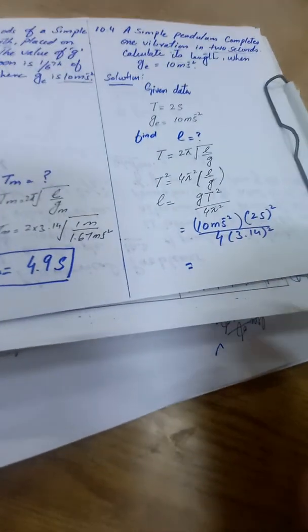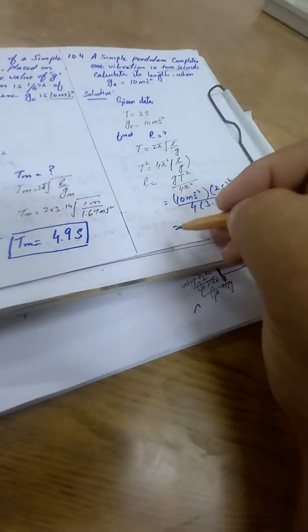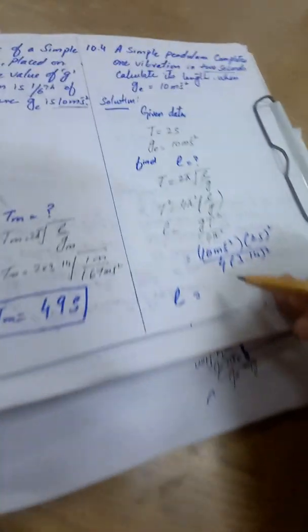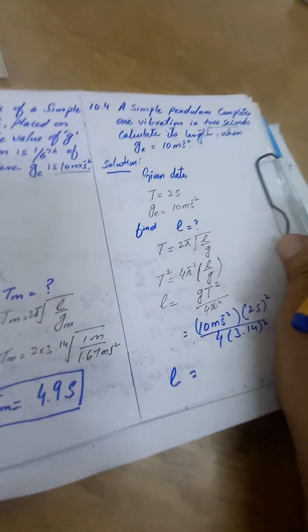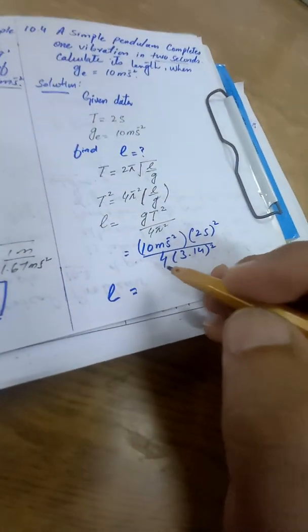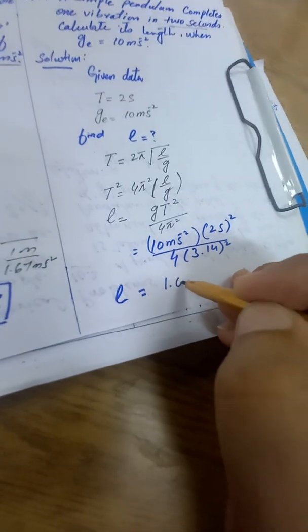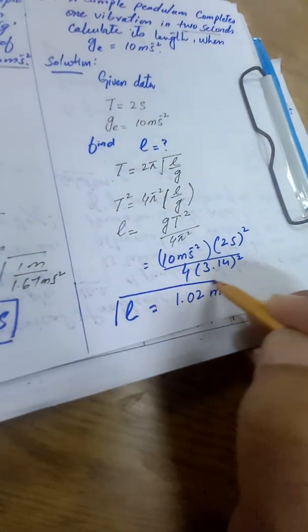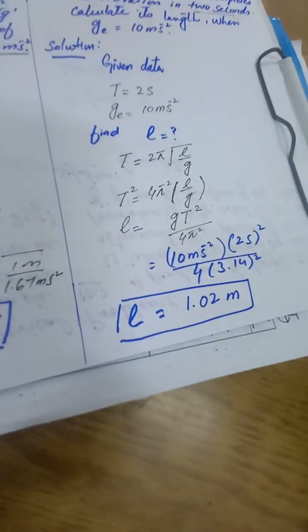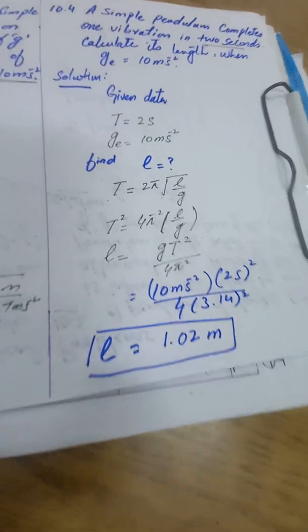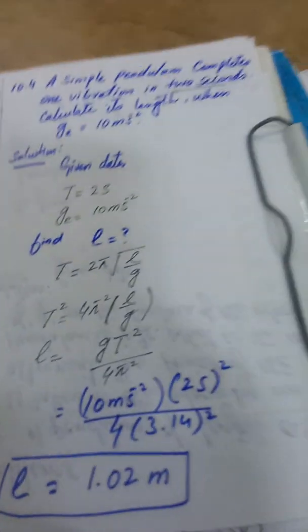So we get the length of the simple pendulum for which the time period is 2 seconds, and that is equal to 1.02 meter.